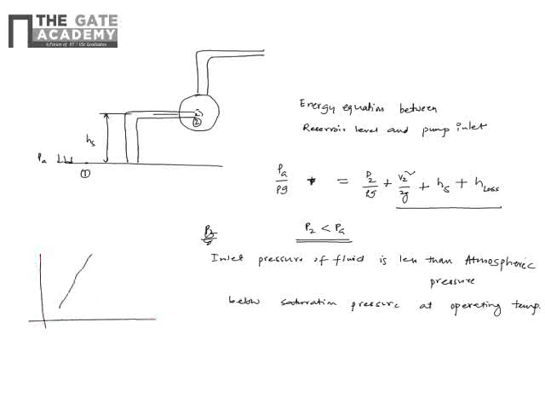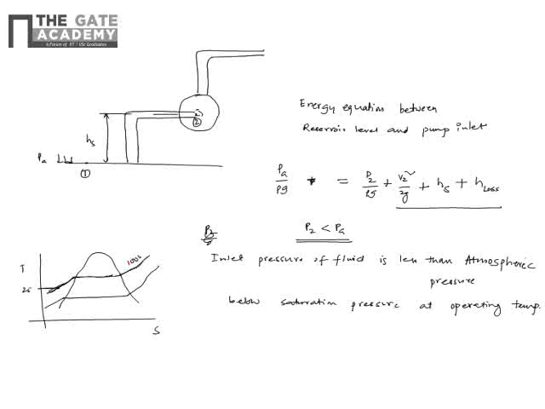So this can be understood from your TS diagram for a fluid. So the general diagram is something like this. Okay, so let's say you are here. This is the atmospheric pressure and your temperature is 25, so you are here at 25 degrees Celsius, atmospheric pressure of 100 kPa.